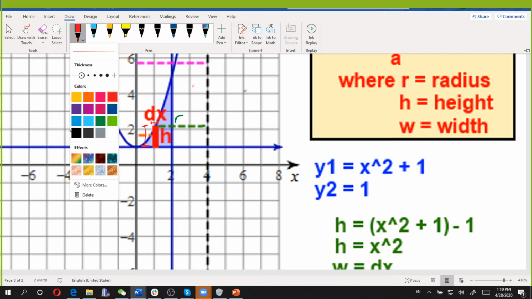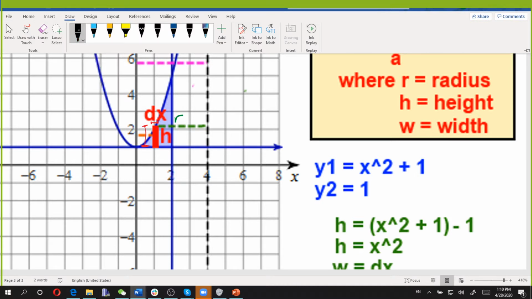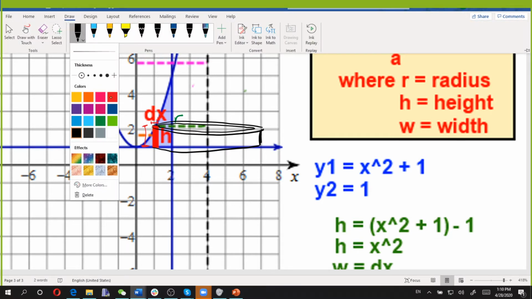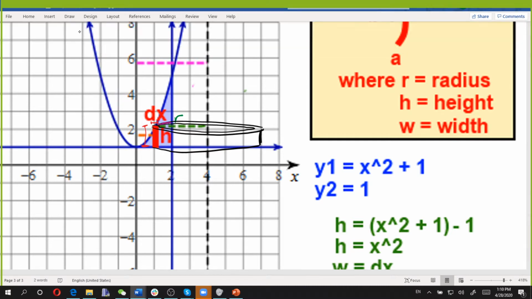Okay, I'm going to use that to spin this rectangle about our axis of rotation. So in 3D it would end up looking like this. We've got our infinitely small width that I'm drawing here in purple.